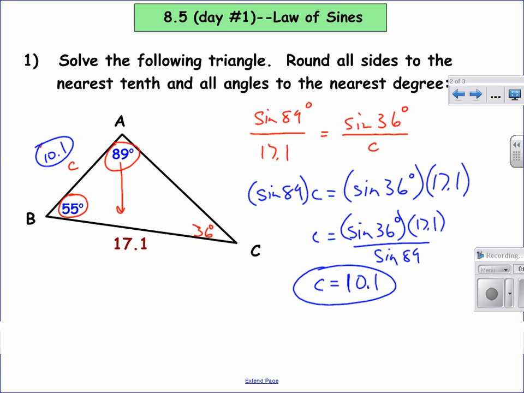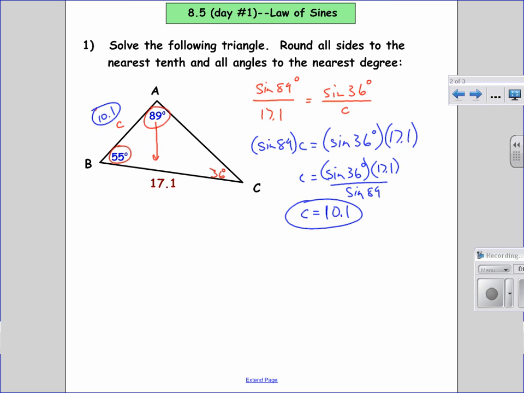All right. Now we're going to do the same thing for this other side. He's across from angle B, so we call him little b. And the sine of 55 degrees over my missing side B equals the sine of 89 degrees over 17.1.